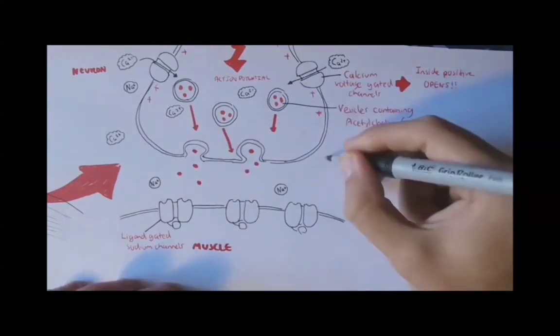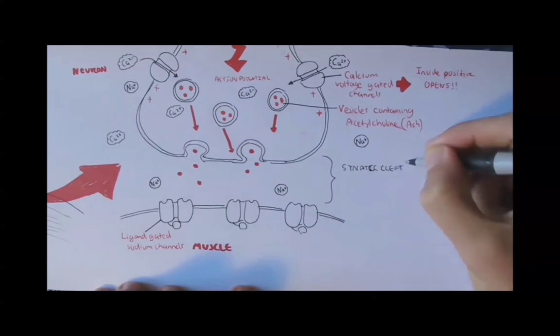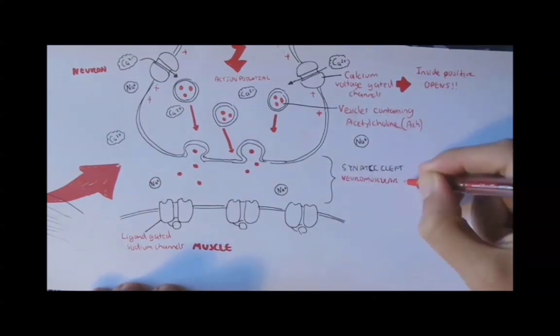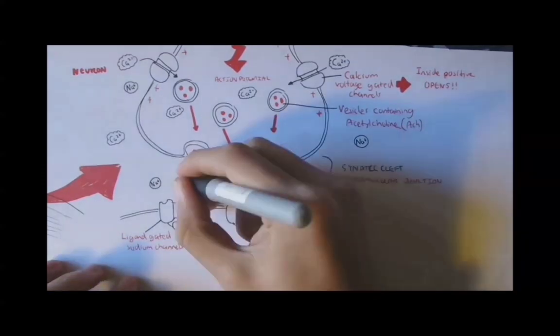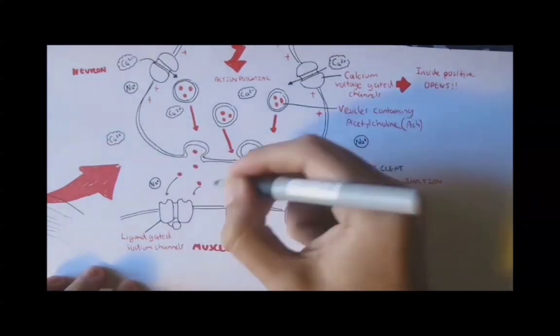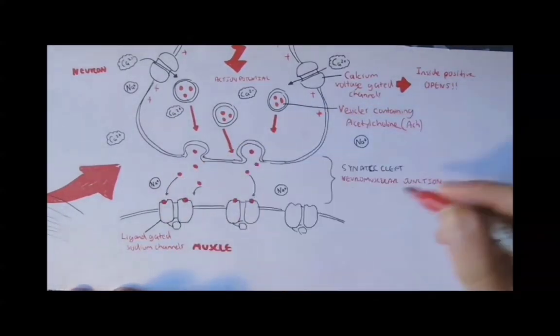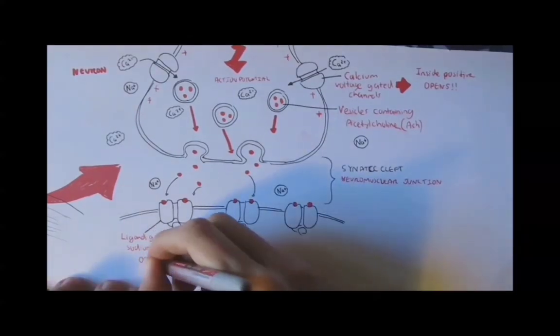Acetylcholine will then bind to the ligand sodium gated channels on muscles. These acetylcholine molecules bind to the ligand gated sodium channels on muscle, which will cause the channel on muscle to open up.